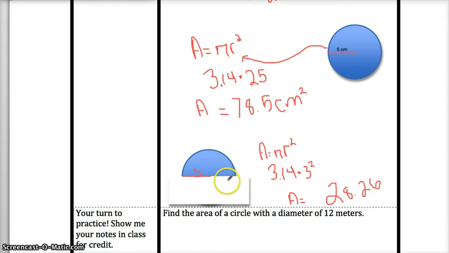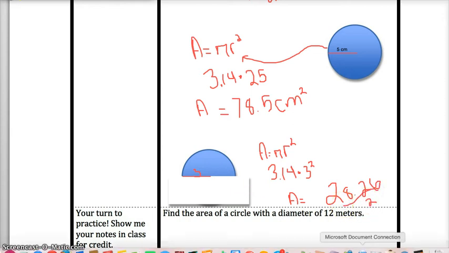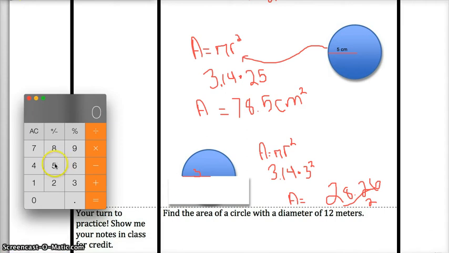Well, this is a half a circle, so we just need half of it. So we're going to divide this, not cross it out, sorry, divide this by 2. So you can do it on your calculator again if you want to. 28.26 divided by 2 is 14.13. So your final answer is right there, 14.13.